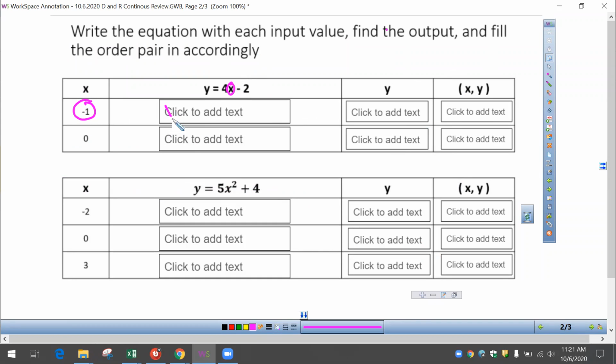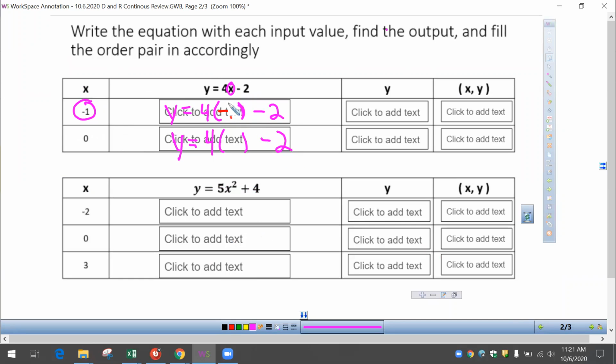So right here in this box, you would type in y is equal to 4, and wherever there was an x, put parentheses around it, and you want to put that number -1, all right? Over here, same thing. They want this function, but they want to find out when 0, your input value, what's your y value? So you're going to type it in the same way.